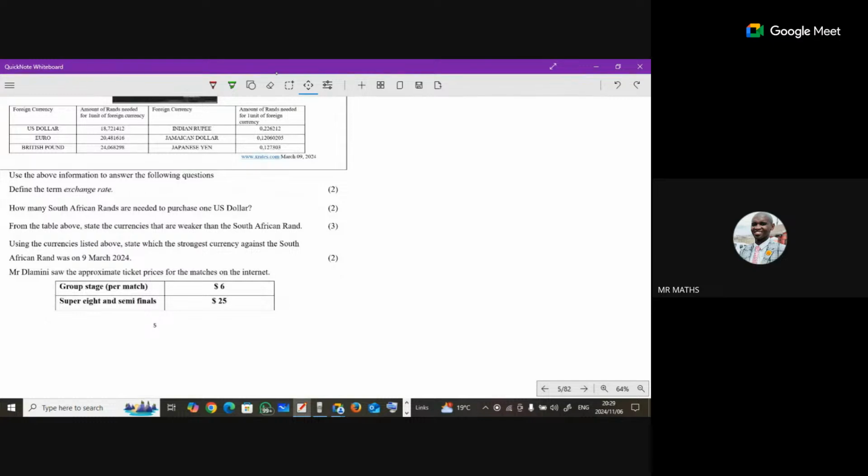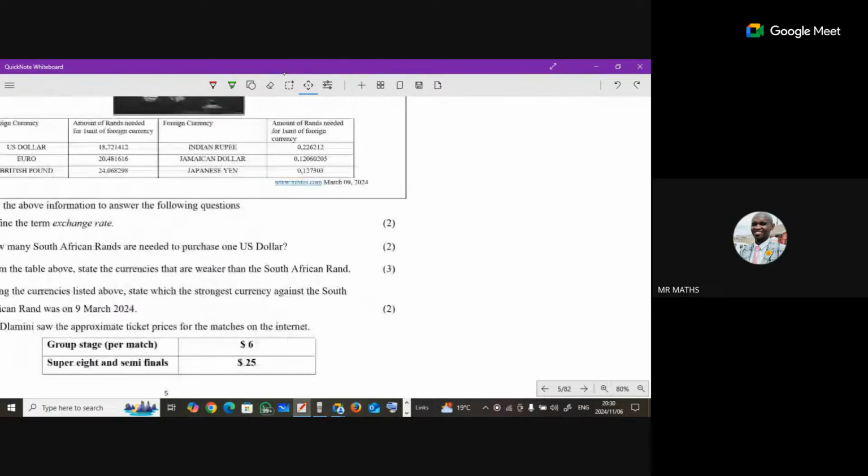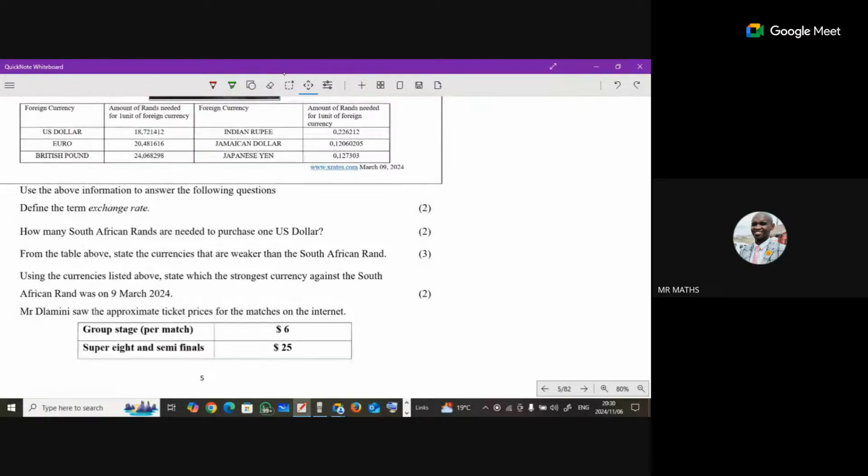over here of the exchange rate, US dollar, amount of rands needed for... I cannot really see this, can you zoom in? Okay, amount of rands needed for 1 unit of foreign currency. So you can see $1 is equivalent to 18.721412 rands.